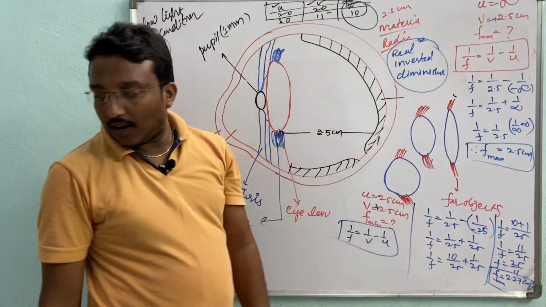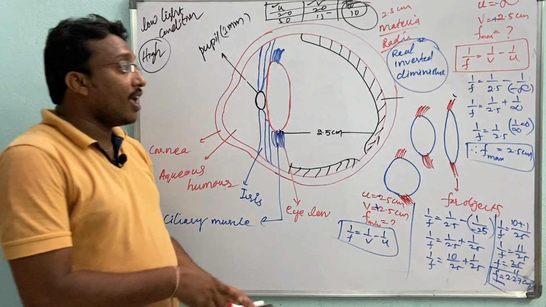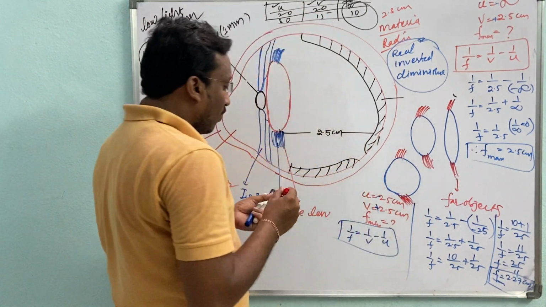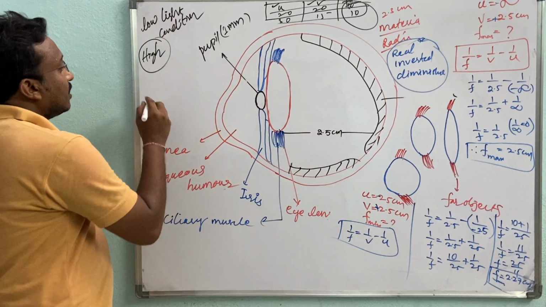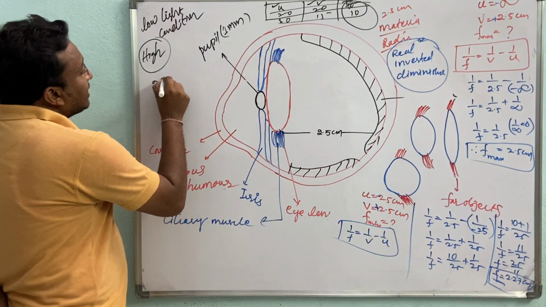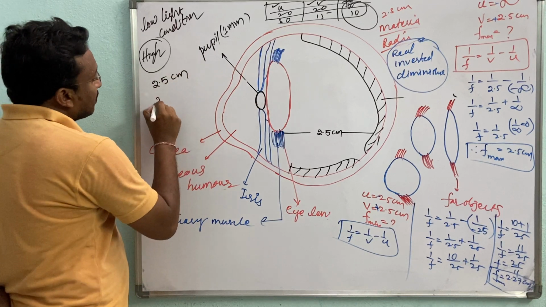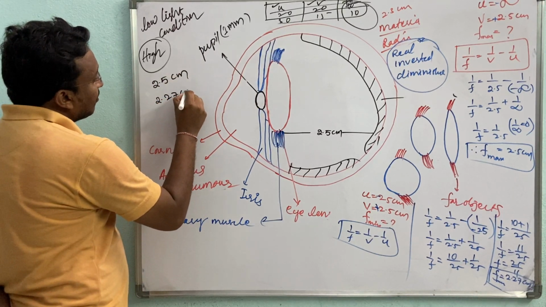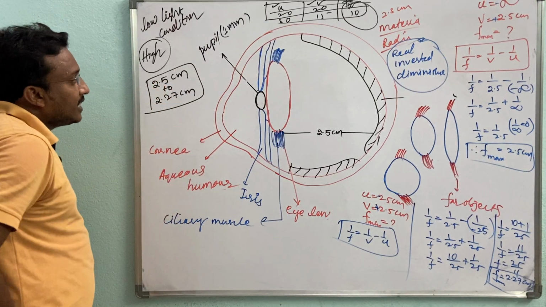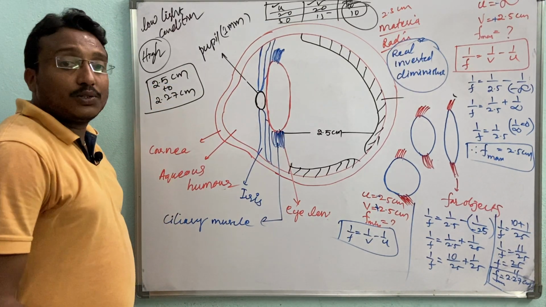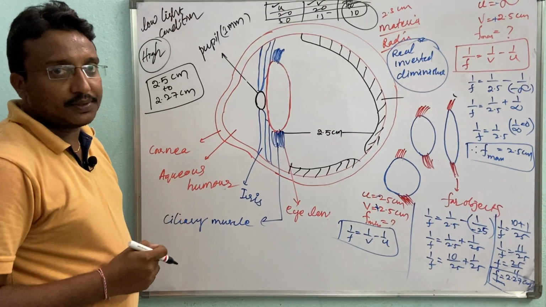Then you noticed that the focal length of the eye lens is changing from 2.5 centimeters to 2.27 centimeters. It is able to adjust from 2.5 centimeters to 2.27 centimeters.